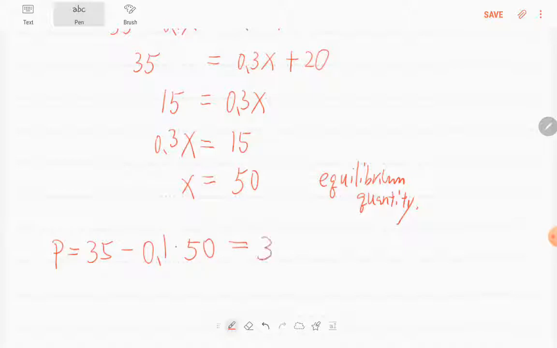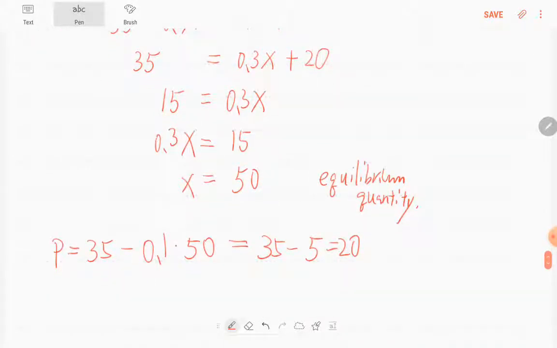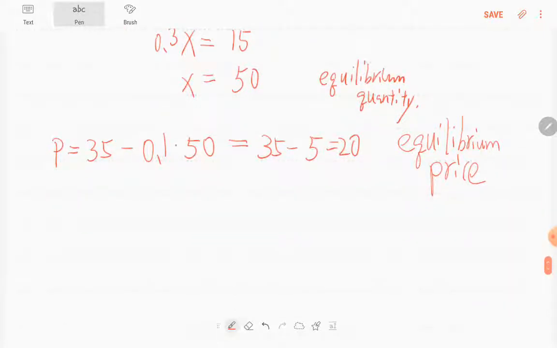So this would be 35 minus 5 equals 20. So $20 would be the equilibrium price. So the equilibrium point would be (50, 20). This is called the equilibrium point.